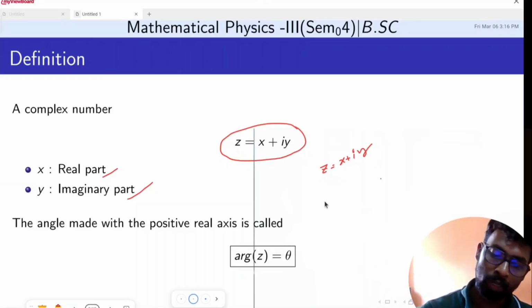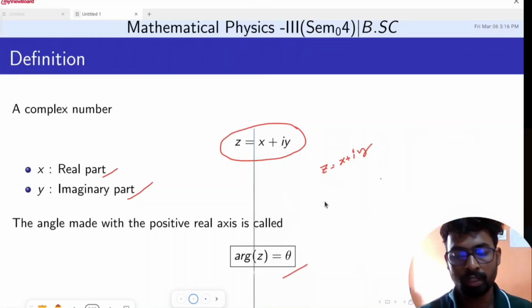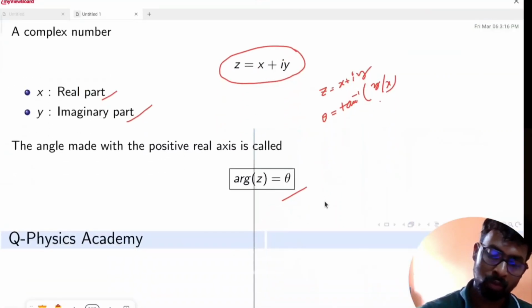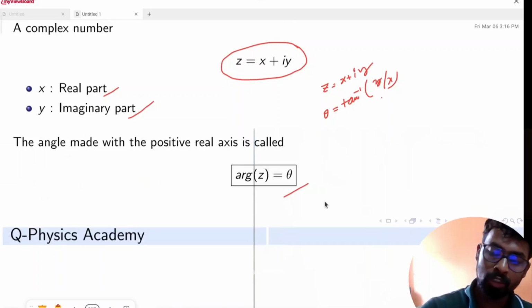So the argument of z is nothing but theta. Theta is calculated from this complex number as tan inverse of y by x. So the argument of z equals theta, which is tan inverse y by x.